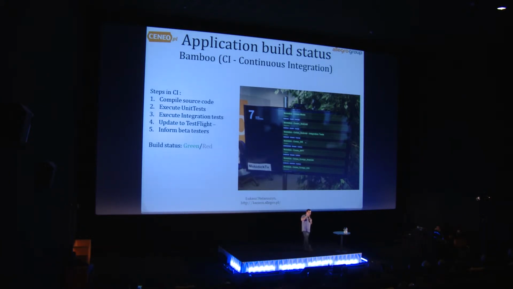And the last part was the information: is this build correct or not? So every time we have continuous integration information about where we are and on which phase we are currently.